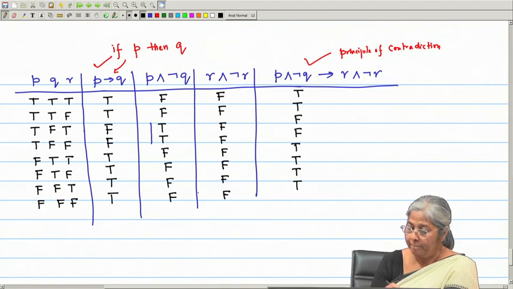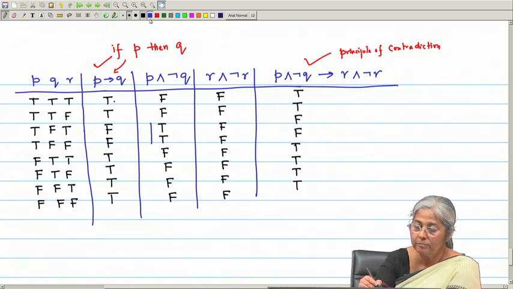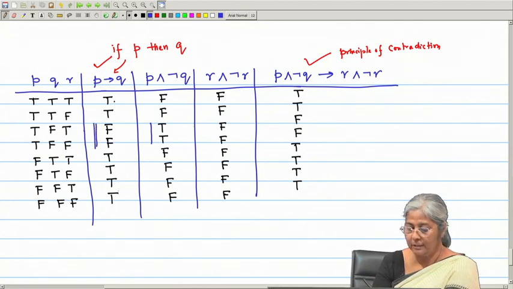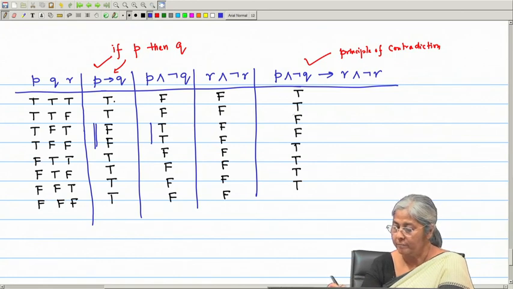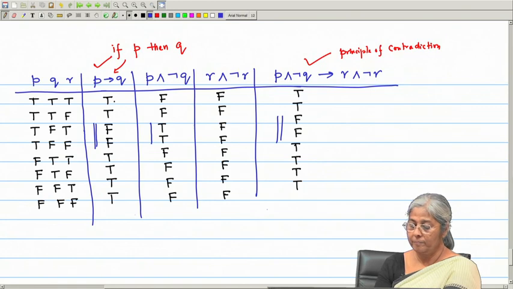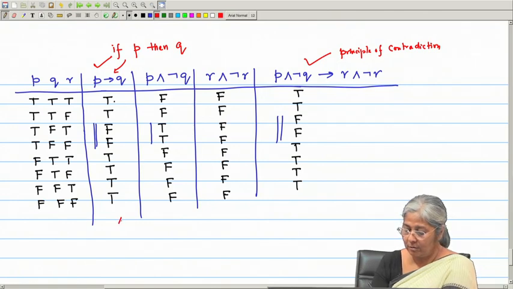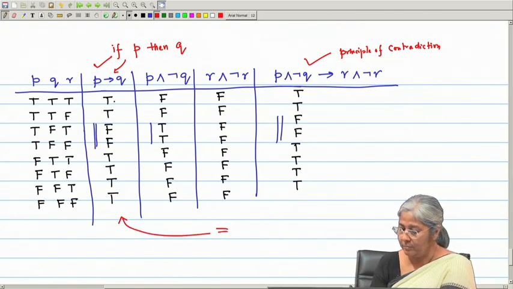So, we see from P implies Q, the second column, T T, F F, F F and again the remaining 4, T T, T T, F F and T. So, these two are equivalent. You see that this column and this column are equivalent.